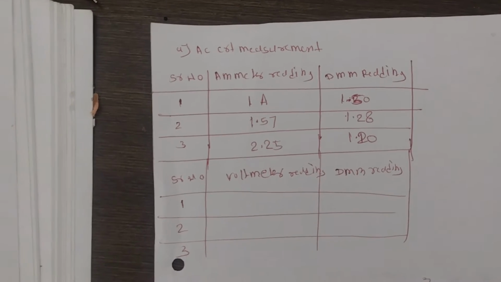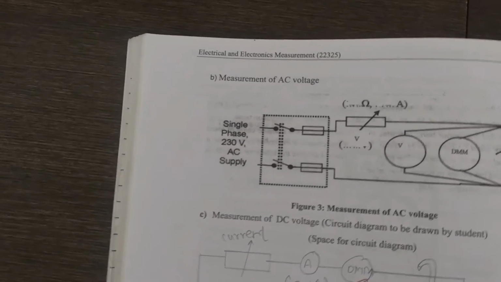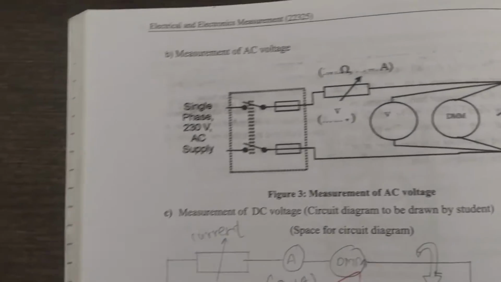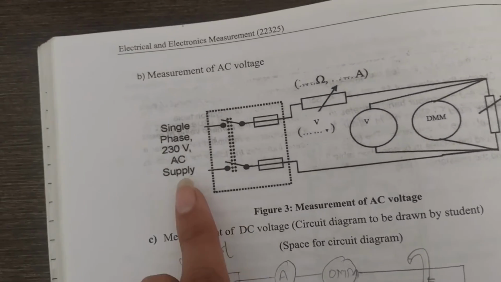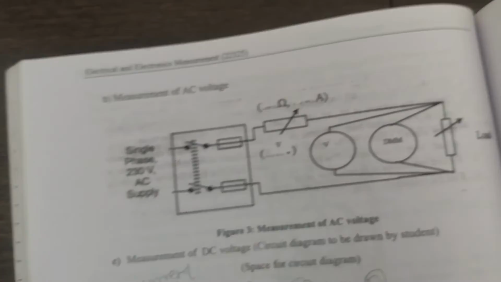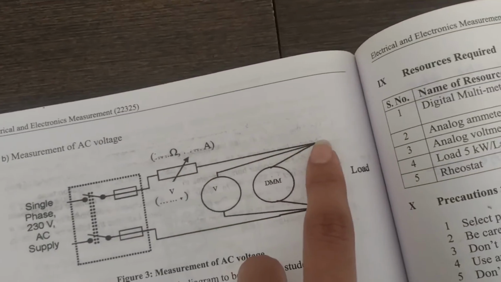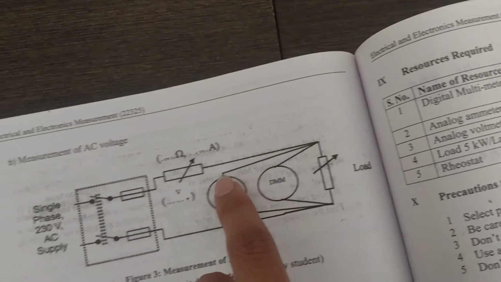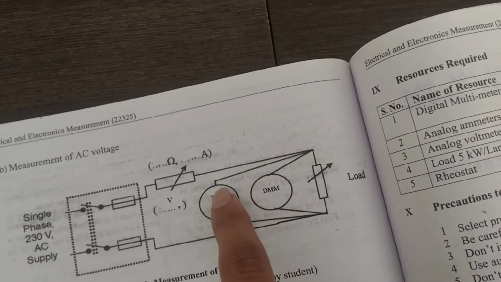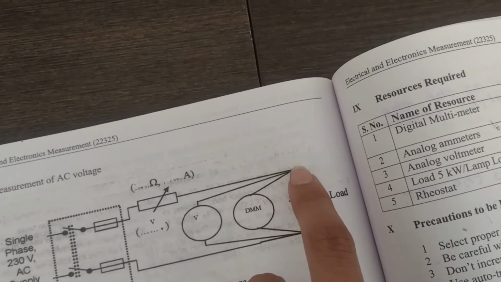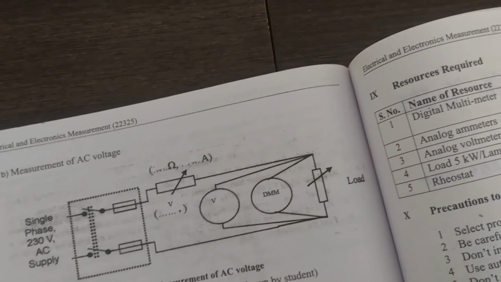Okay, then we can see the second practical setup for measurement of AC voltage. So see, the single phase 230 volt supply is given, then the phase terminal of this auto transformer is directly connected to the common terminal of this voltmeter, and from the common terminal of this voltmeter it is connected to the first terminal of this load bank.